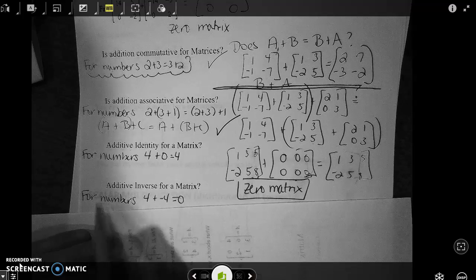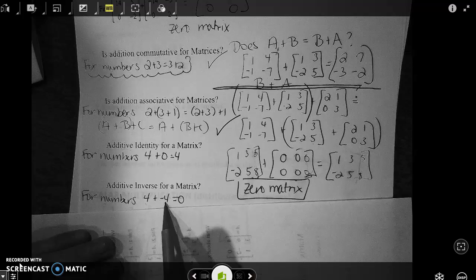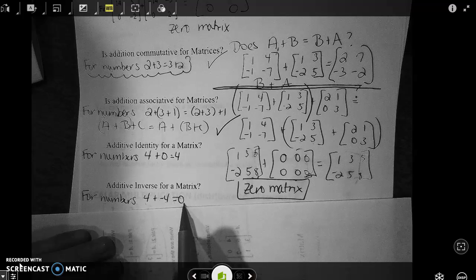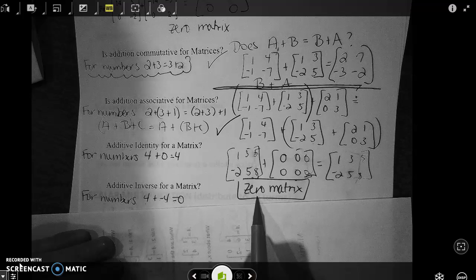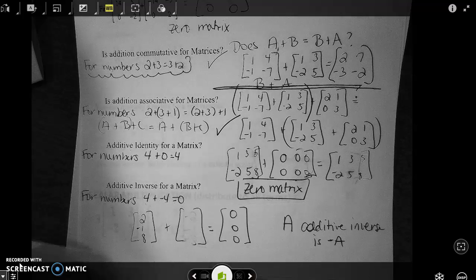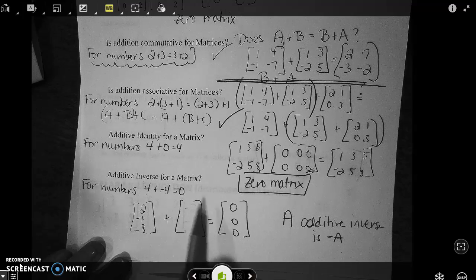Okay, well, let's think about an additive inverse. For numbers, the additive inverse of 4 is negative 4 because your answer there is 0. When it comes to matrices, you're trying to think, what would you add to that matrix to get a 0 matrix? For example, if I had the matrix 2, negative 1, 8, what would I add to that in order to get all zeros?